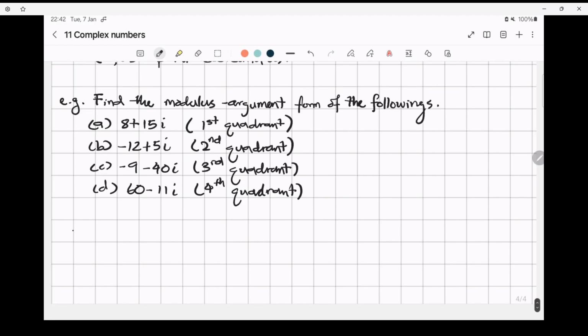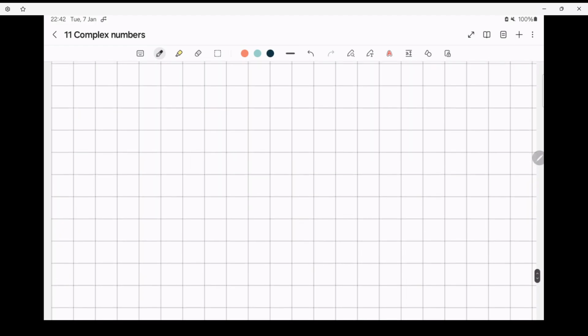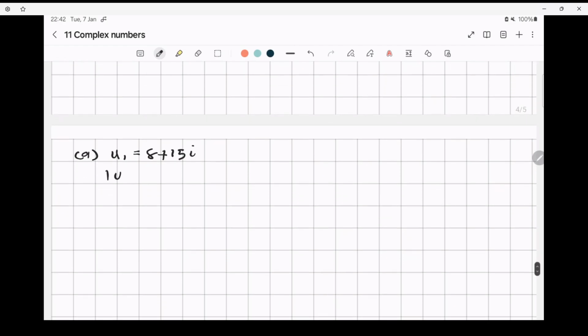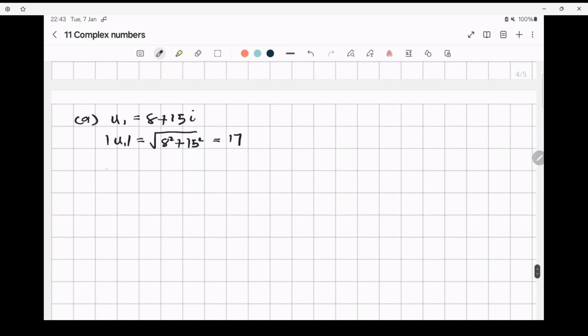So A. I denote U1 equals 8 plus 15i. So the modulus of U1 will be the square root of 8 squared plus 15 squared. So this is just 17. The argument of U1 will be the inverse tangent of 15 divided by 8.